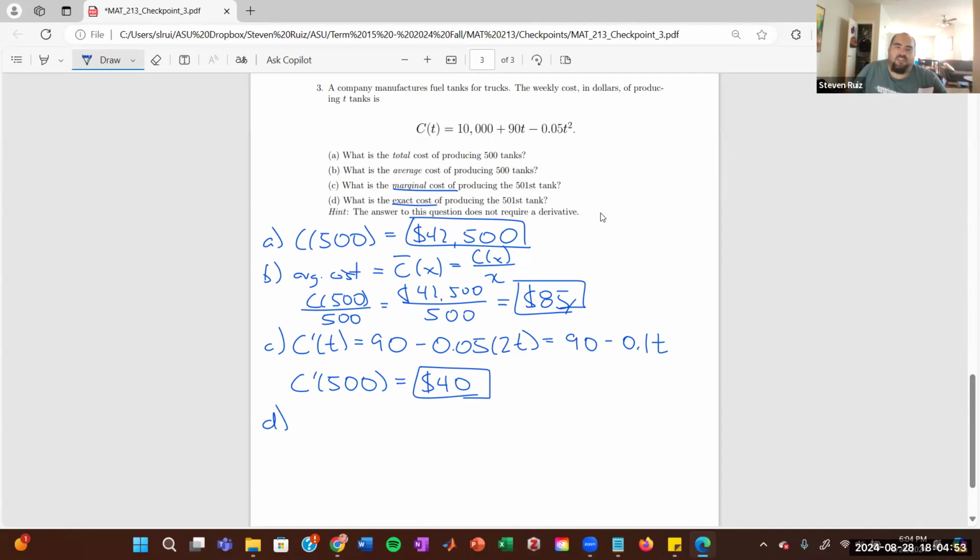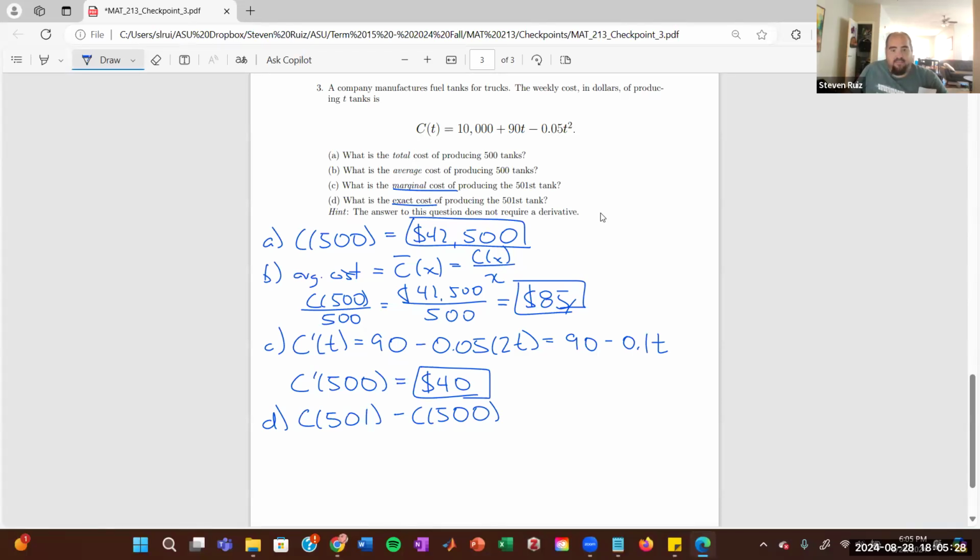All this function can do is, when I plug in t, tell me how to calculate the cost of producing all t of those tanks. So what I have to do is find the total cost of producing 501 tanks and subtract from that the total cost of producing 500 tanks. That difference is going to give me the exact cost of that 501st one.